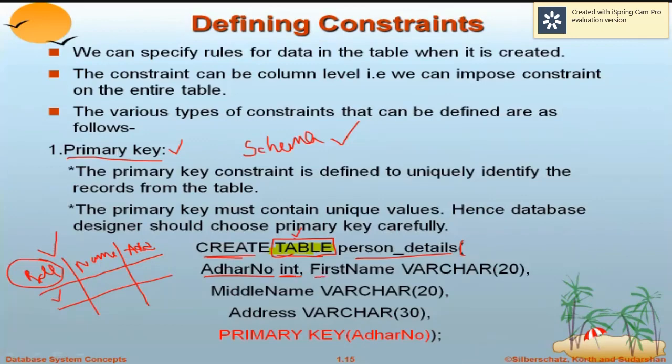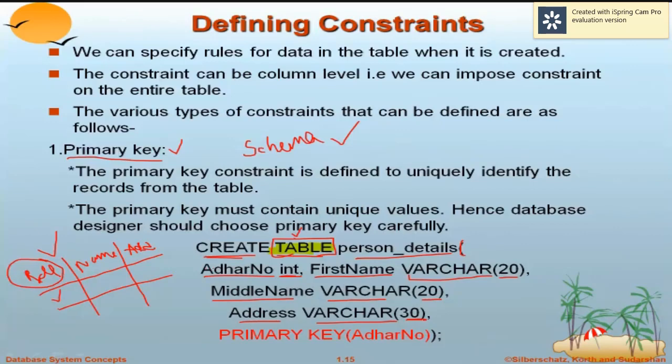Followed by first name, which should be a variable character whose maximum length is 20. Then middle name, again a variable character whose maximum length is 20. And followed by address, which is again a variable character with maximum length 20.